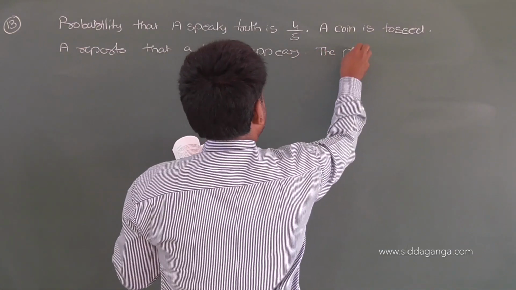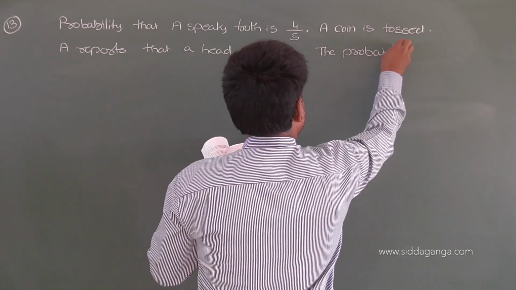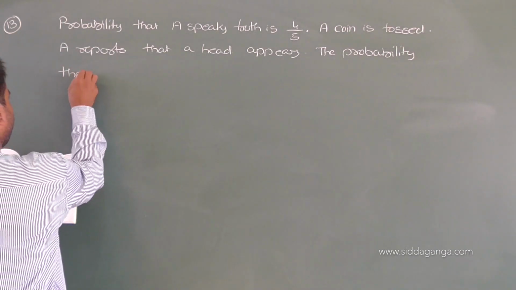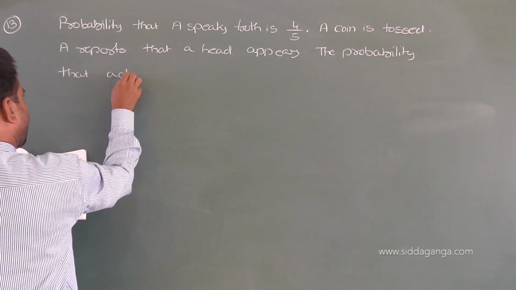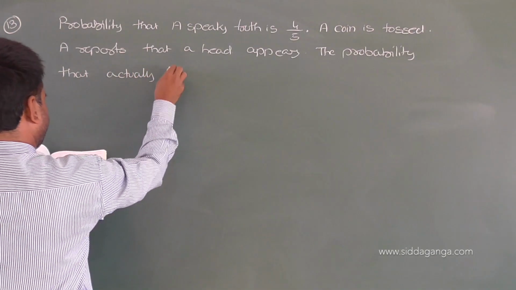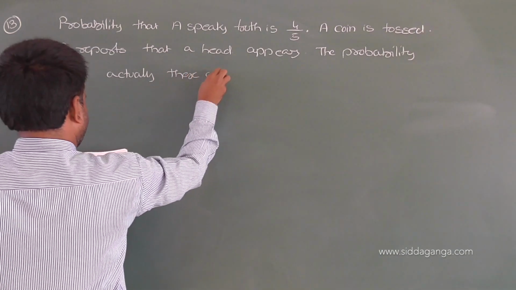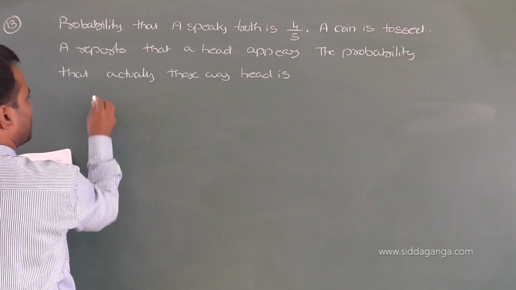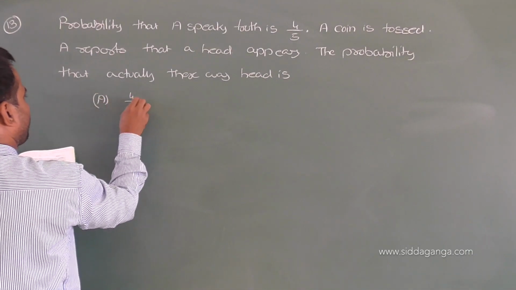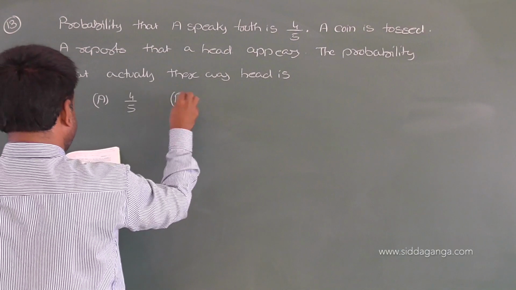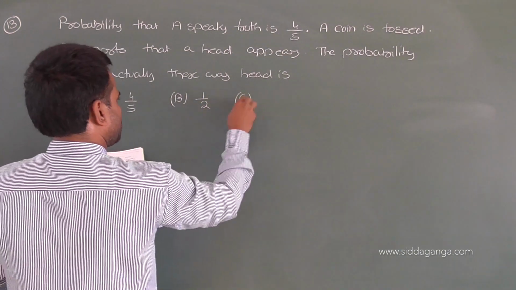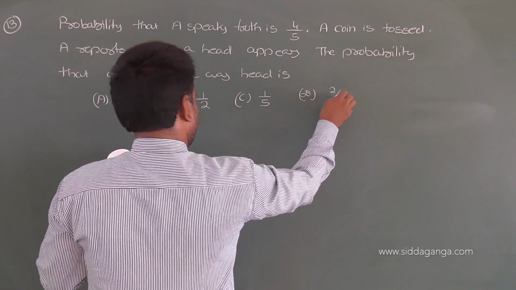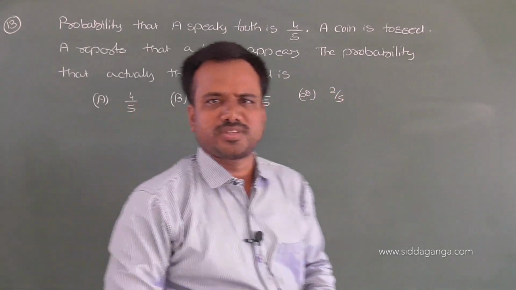The probability that actually there was a head is: option A 4 by 5, option B 1 by 2, option C 1 by 5, option D 2 by 5. So very simple question.